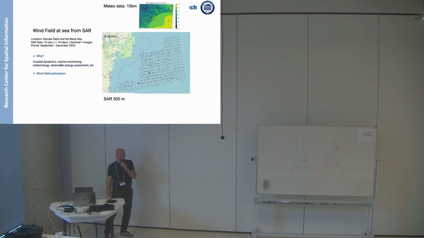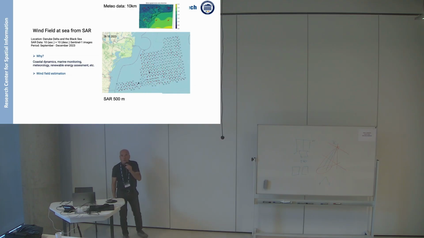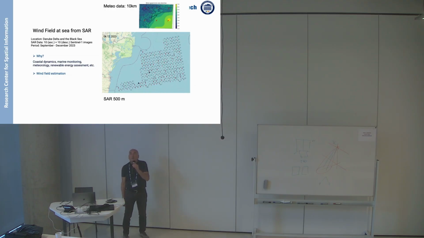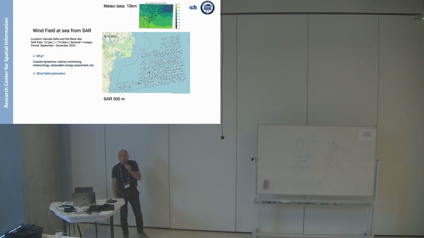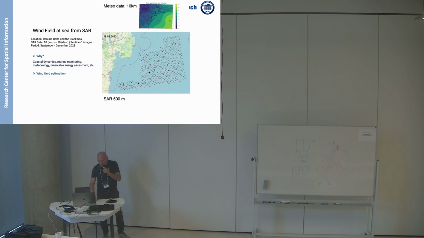This is an animation on the top of the wind speed obtained from the meteorological data, and on the bottom is a map, time series of wind maps obtained from Sentinel-1 data in real time.